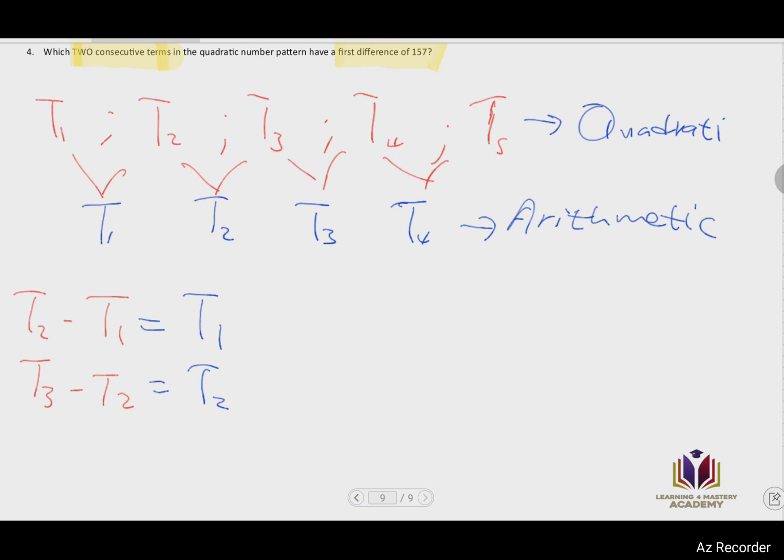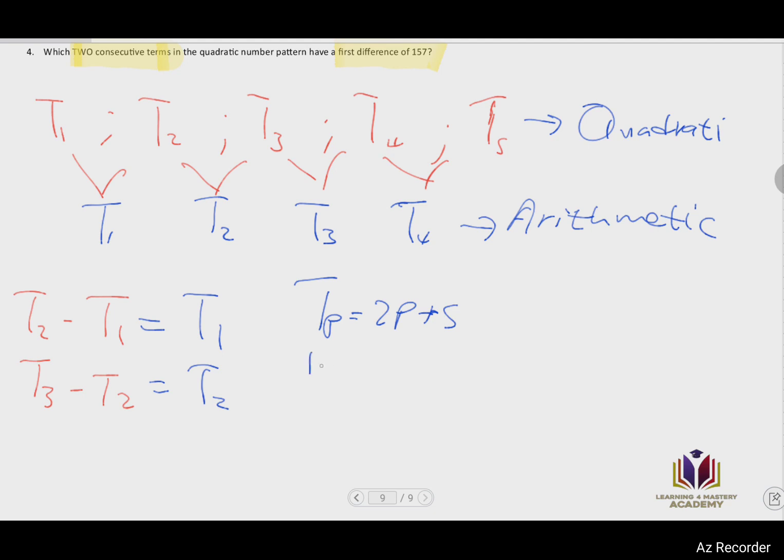Now, remember in the previous question, we calculated the general formula of the first difference, which is basically an arithmetic sequence. We said it's TP equals 2P plus 5. Now they said the value of the difference between these two consecutive terms that we are looking for is 157. This 157 is a term in the first difference.